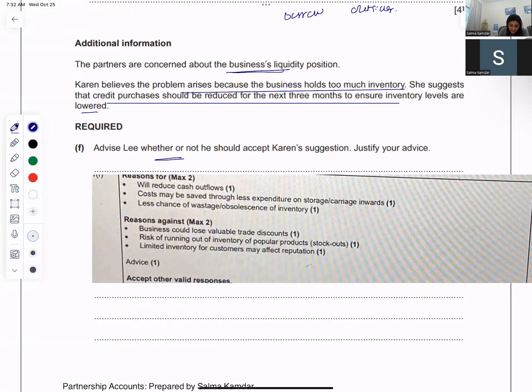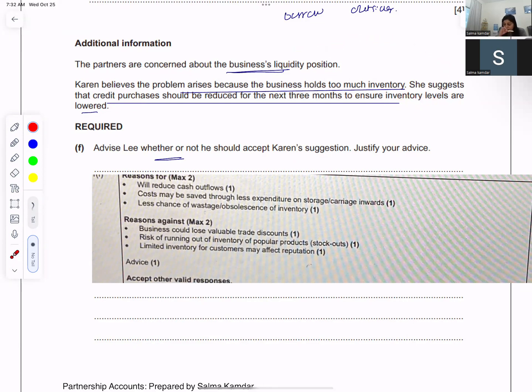So basically, you have to give advantages of accepting Karen's suggestion. Karen's suggestion is to reduce credit purchases and reduce the inventory level.